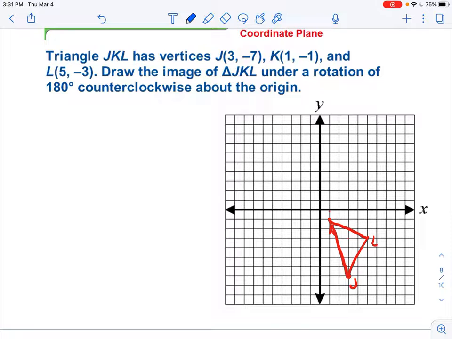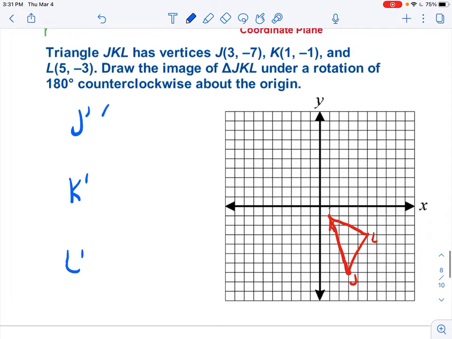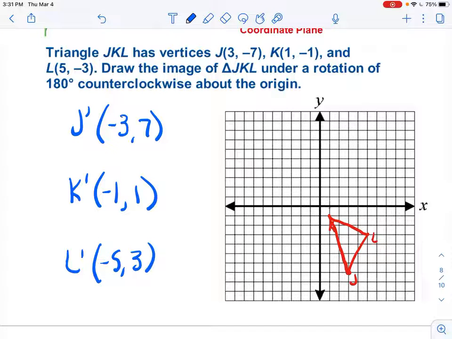And these are possibly the easiest. I'm actually just going to write J prime, K prime, and L prime because the X and Y's don't switch, only their signs change. So if it was positive, it becomes negative, and if it was negative, it becomes positive. And then you can graph it. And there you have it.